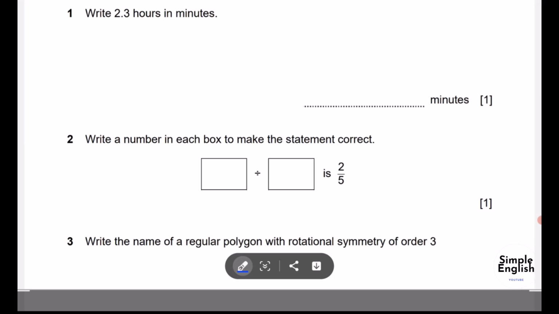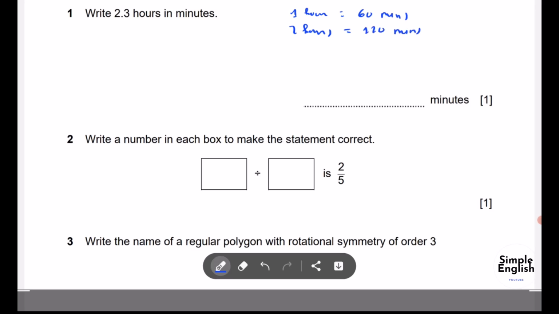Look at number 1. Write 3.3 hours in minutes. So remember, 1 hour equals 60 minutes, right? So 2 hours equal 120 minutes. How about 0.3 hours?